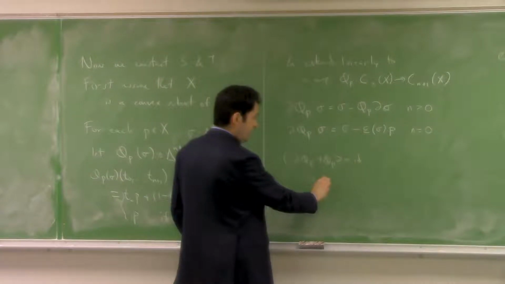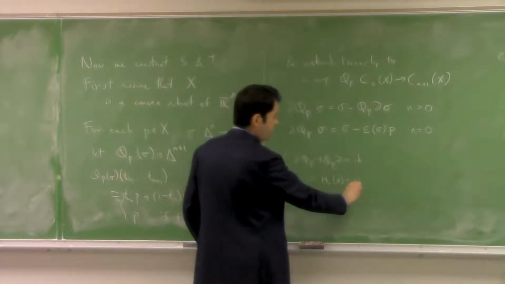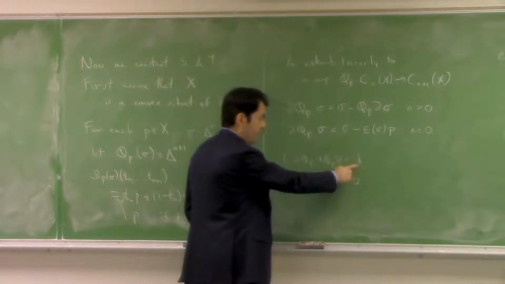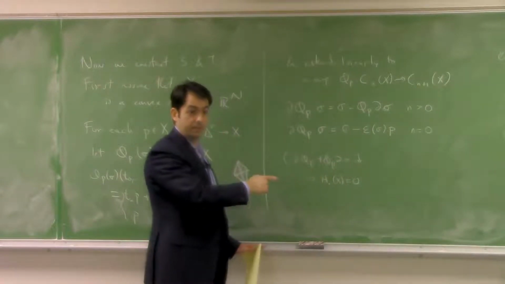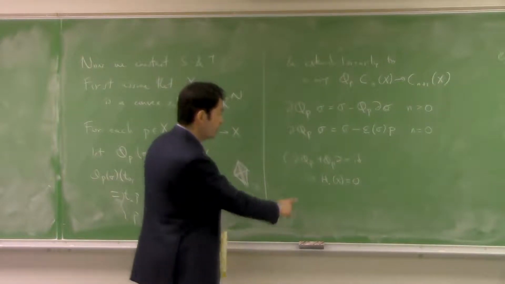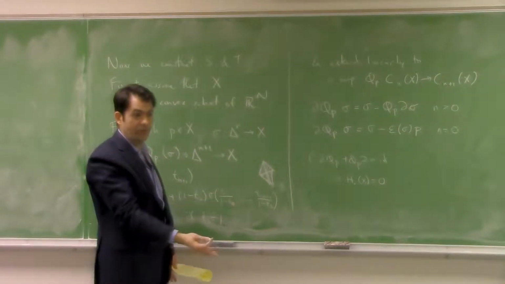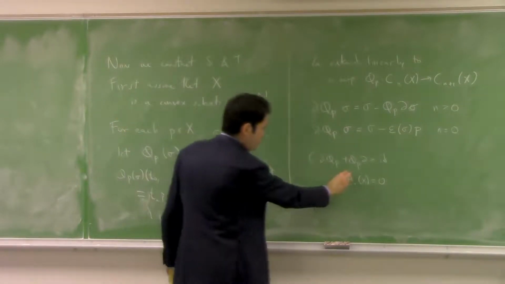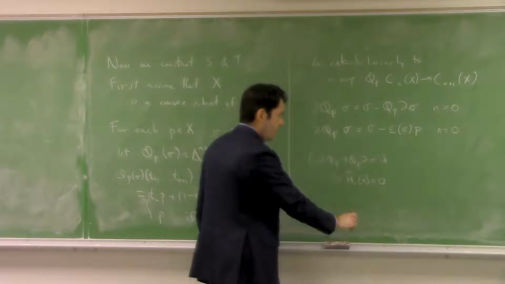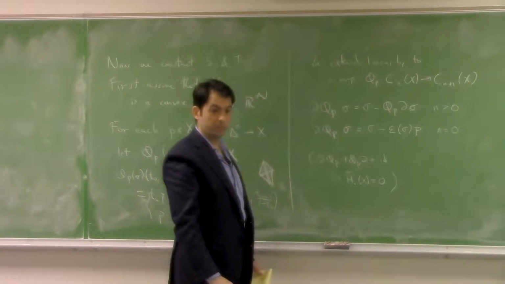So that tells us that the homology of X is identically 0, because it says that the identity map induces the trivial map in homology. But of course, we already knew that because X is a convex subset of Rn, so it's contractible, right? So we already knew this, but you know, this would be another proof.